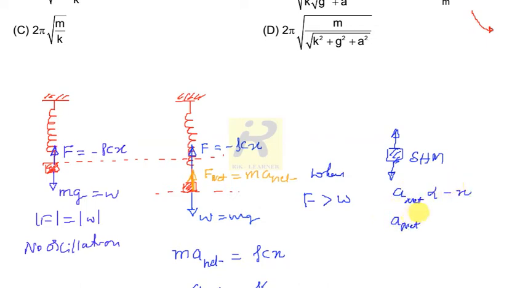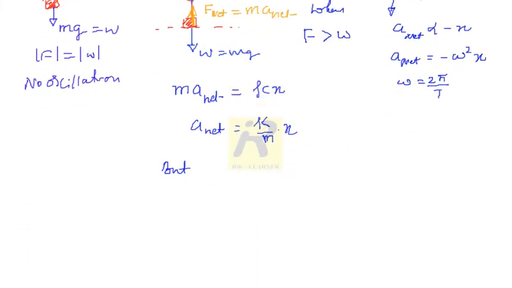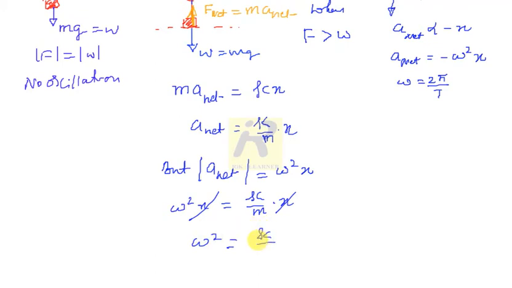We write a net is equal to minus omega square x, where omega is 2 pi by T. The magnitude of a net is omega square x. So omega square x is equal to k divided by m into x, and the term x gets cancelled.